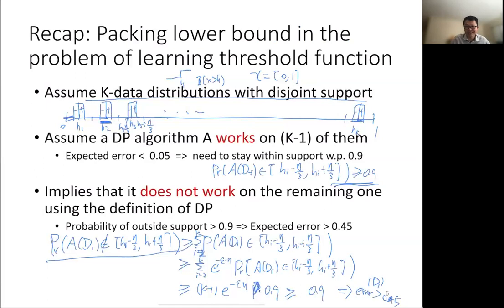Therefore, demonstrating that this DP algorithm cannot possibly learn on all distributions at the same time. Okay, so this is an interesting argument, and it can essentially be used to construct all sorts of lower bounds for pure differentially private algorithms, which is often the optimal lower bound that one can hope to achieve.